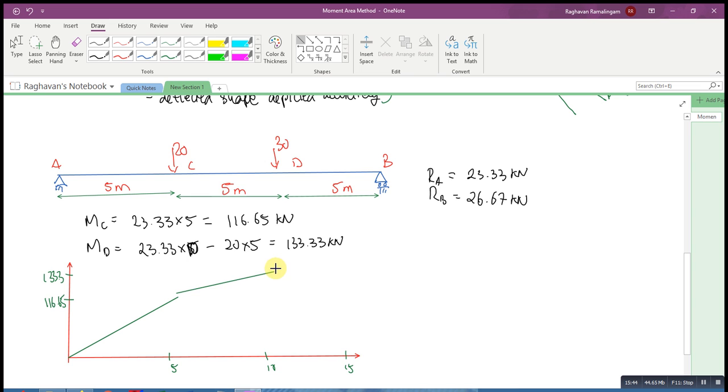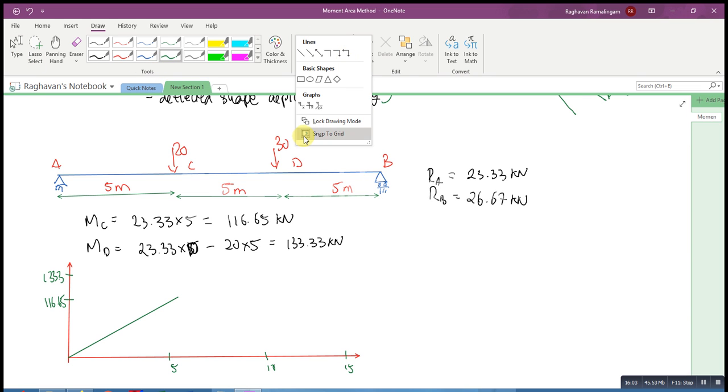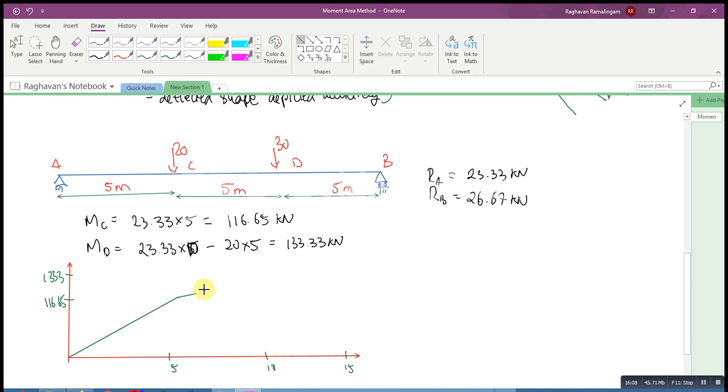Okay, turn off snap to grid. And 116, here it will be 133.3, and coming down to 0 at x equals 15.